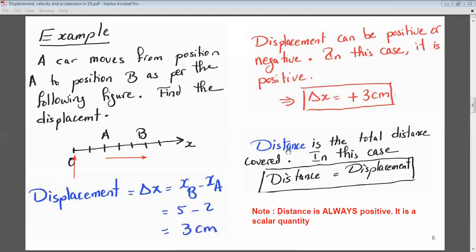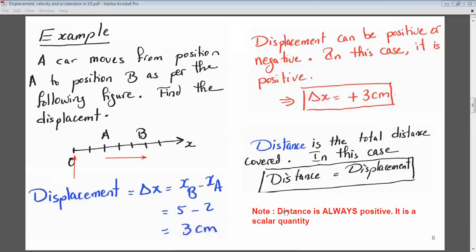Distance, however, is not a quantity which has to do with direction. It's the total distance covered. In this particular example, distance equals displacement equals 3 centimeters, but it's not always the case because distance is always positive. We say it's a scalar quantity.